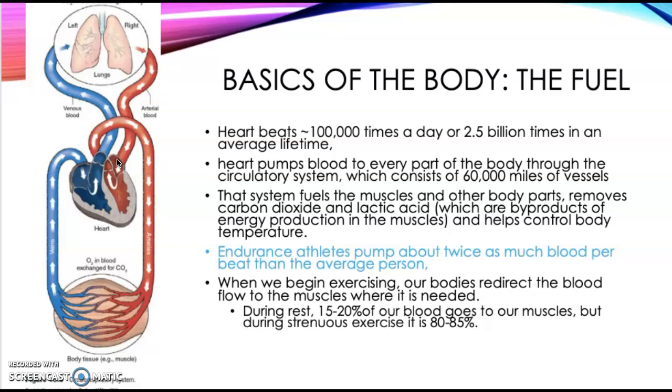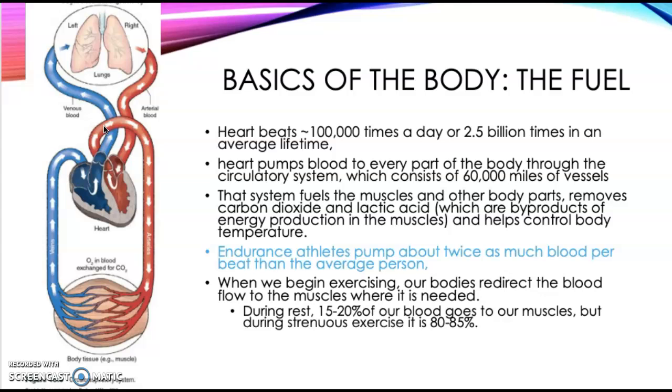And so interestingly, as athletes, our body actually develops and changes because we use it more frequently and need to move nutrients more and more than the average person. So if you notice here, endurance athletes pump about twice as much blood per heartbeat than the average person does.